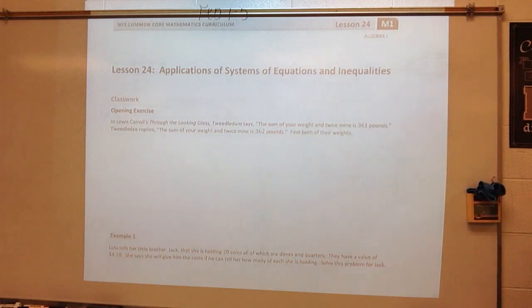Alright, so with a system of equations, you guys know that we have two variables. Your variables can be whatever you'd like them to be. For this lesson, we're going to stick with the two that we normally see, and that's x and y.